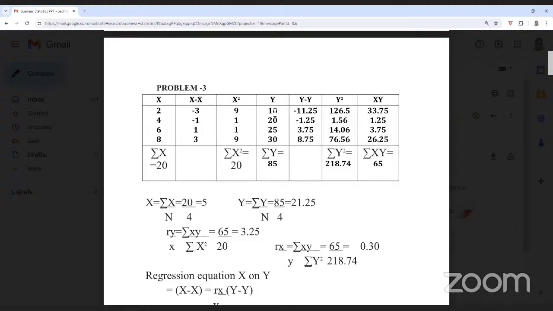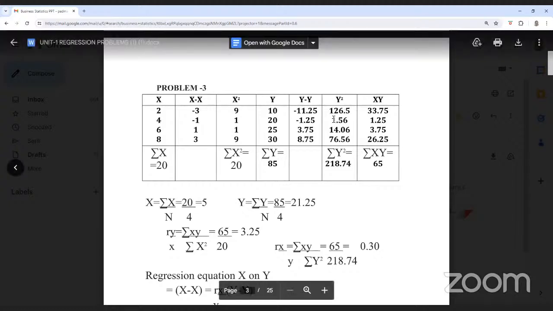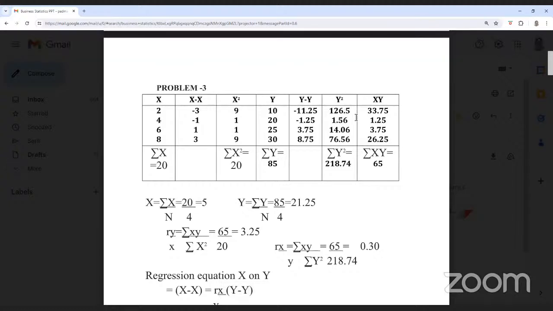Then y square. 11.25 into 11.25, that is 126.5. 1.25 into 1.25, it is 1.56. Then 3.75 into 3.75, it is 14.06. 8.75 into 8.75, it is 76.56.